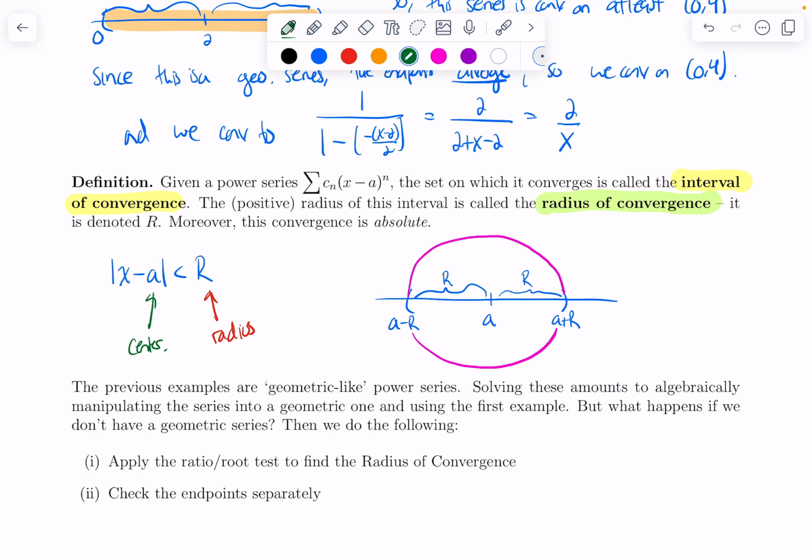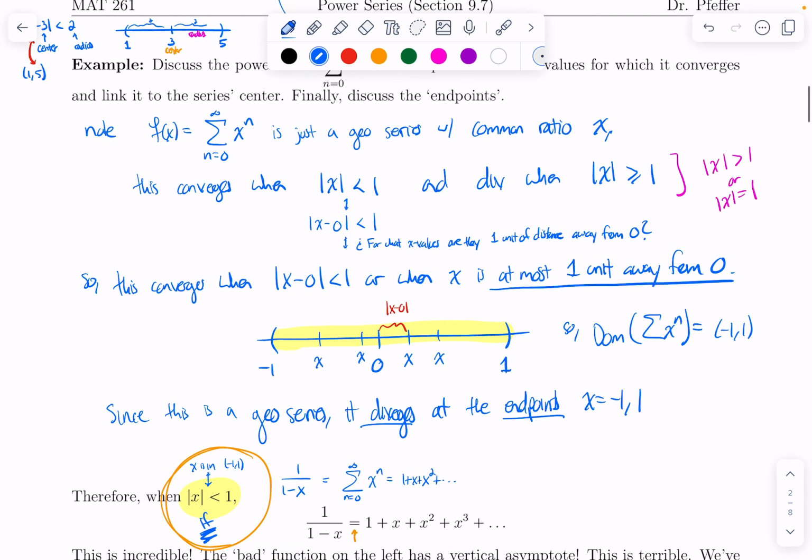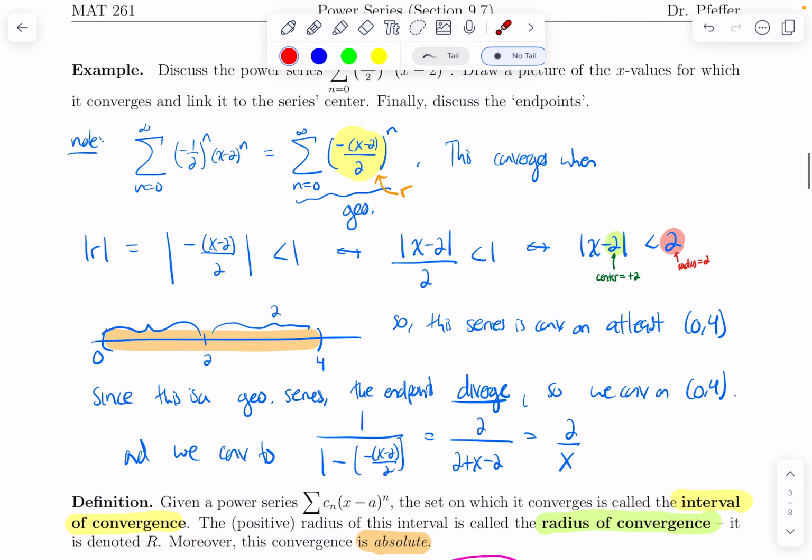And so based on the examples, by the way, it is worth noting, as long as I'm within this radius of convergence, the convergence is absolute. So this really is as pretty as it gets. Now, what we saw up here was a power series seemingly centered at 0. This was a power series seemingly centered at 2.